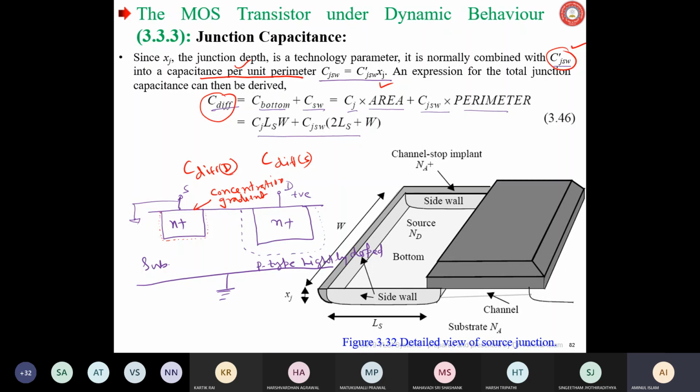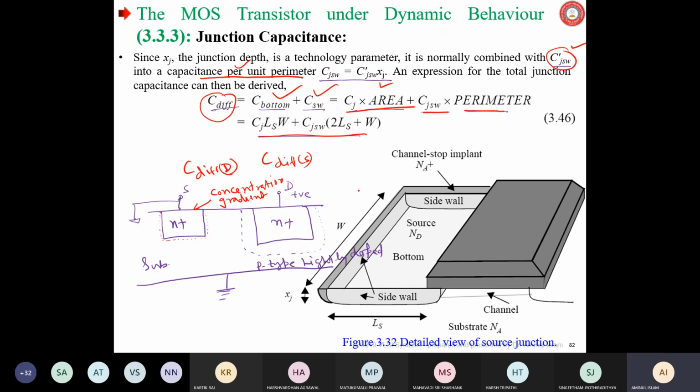We are considering one side only because the other side will be the same. It is the bottom plate capacitance plus CSW, so CJ into area plus CJSW into perimeter. This is the final expression of drain diffusion capacitance or source diffusion capacitance.